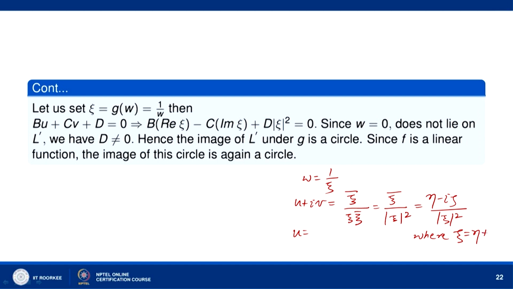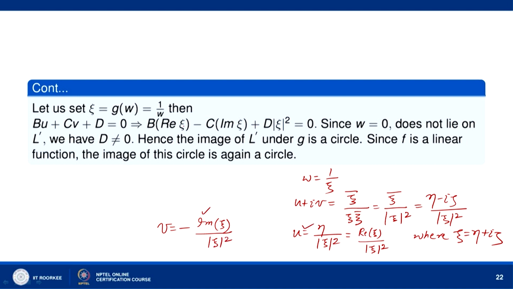So, u is equal to eta divided by mod of xi square, which is real part of xi divided by mod of xi square, and v is equal to minus imaginary part of xi divided by mod of xi square. So, let us put these values of u and v in this equation.